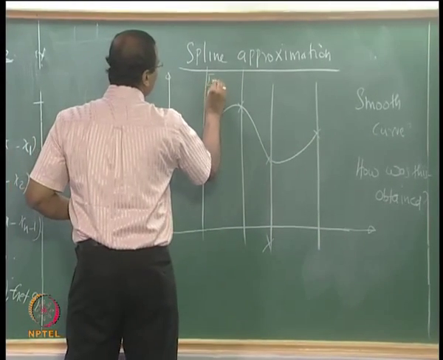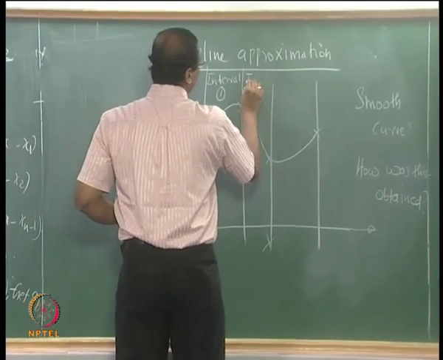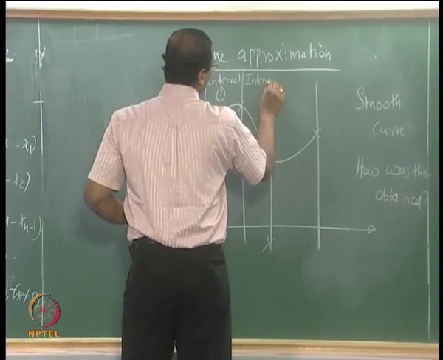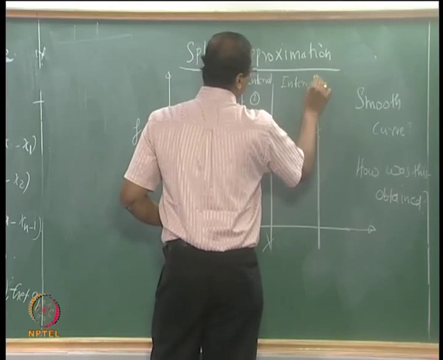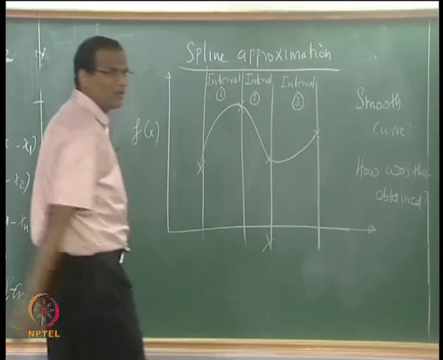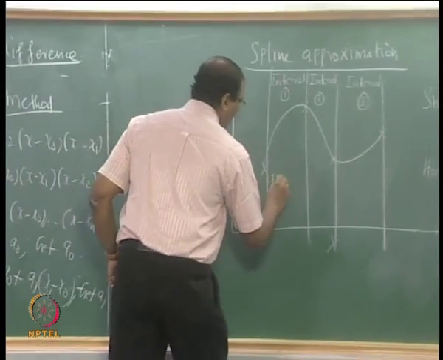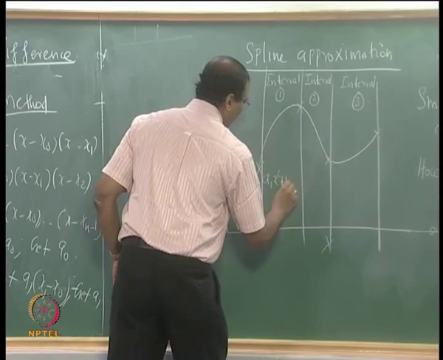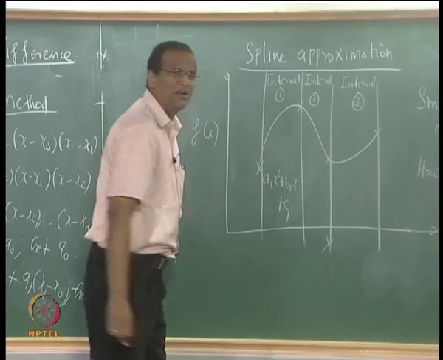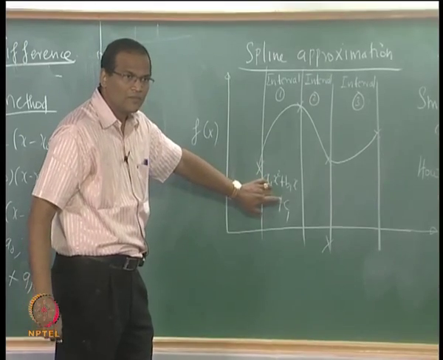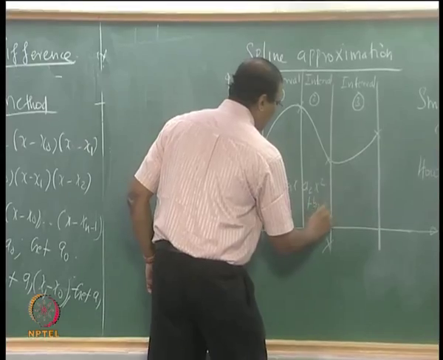Okay, so this is interval 1, interval 2. Here it is a1 x squared plus b1 x plus c1. Here it is a2 x squared plus b2 x plus c2.